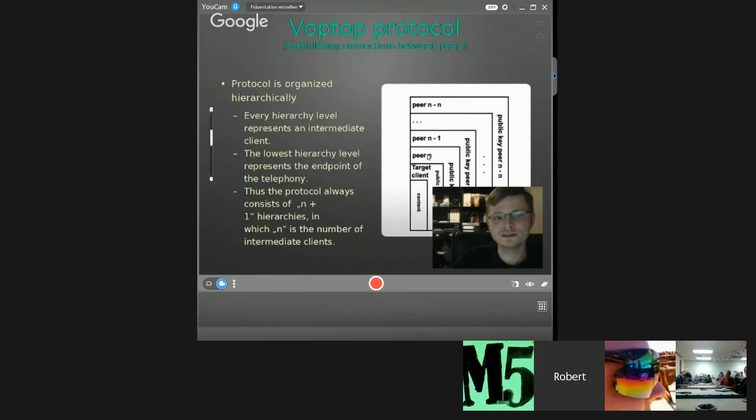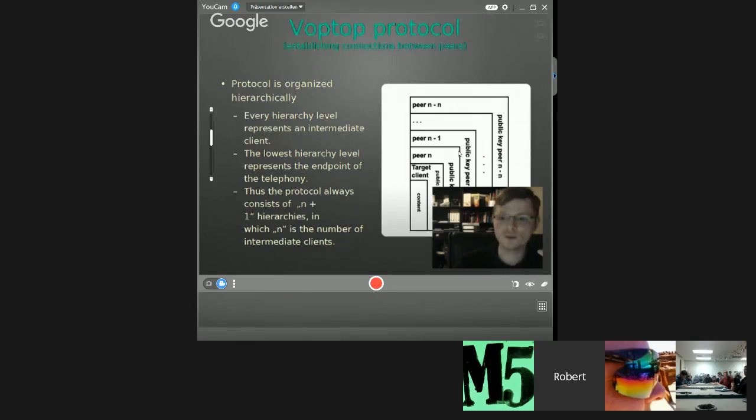The last peer, peer n-n, is the peer you are connecting to. So if person A is connecting to person B, person A connects to the first peer in the row. He connects to the next peer until he's on the last peer and the final destination, the person you are trying to request.